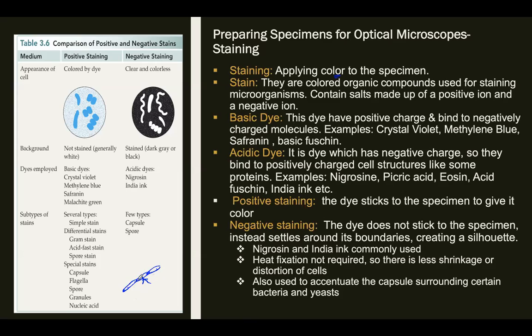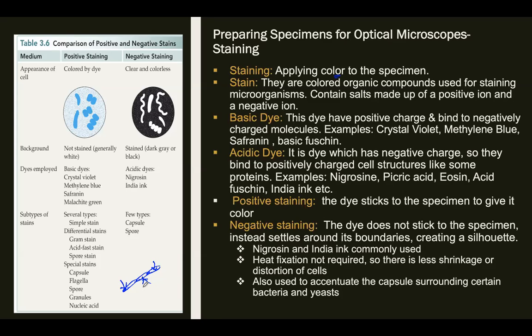What happens is, this part of the cell reflects light a little differently than this part of the cell. Because we are giving color, and as I told you, stains are all salts, called chromatophores.